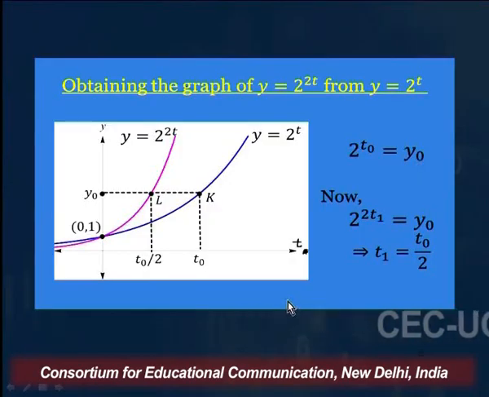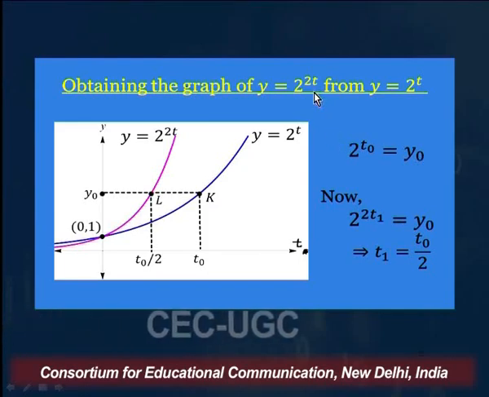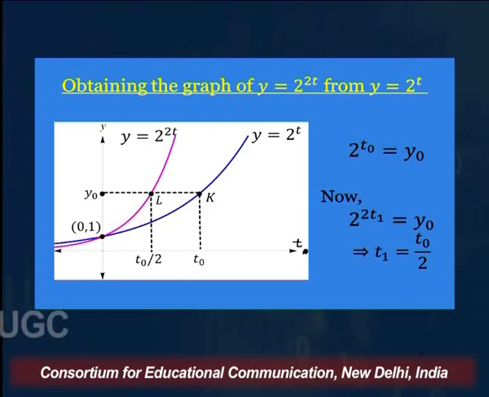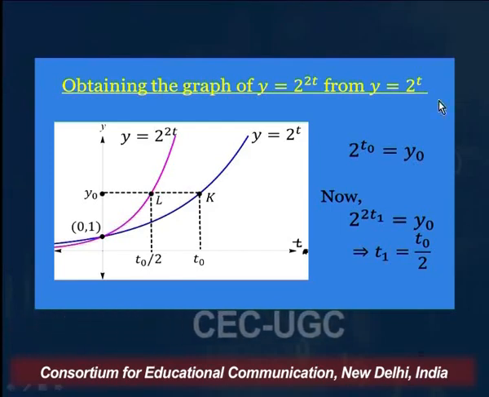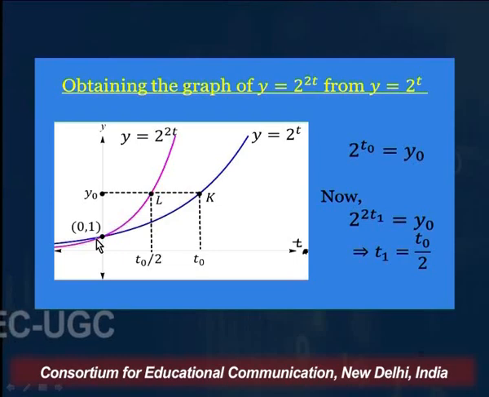Now, to see how things change, I have given you an illustration here. I'm looking at the graph of 2 to the power 2t, which is nothing but y equal to 4 to the power t, and we're looking at how we can get this graph from the graph of y equal to 2 to the power t. Now, the graph of y equal to 2 to the power t is given here in blue. It passes through 0, 1.